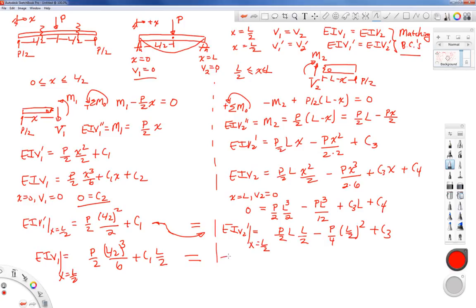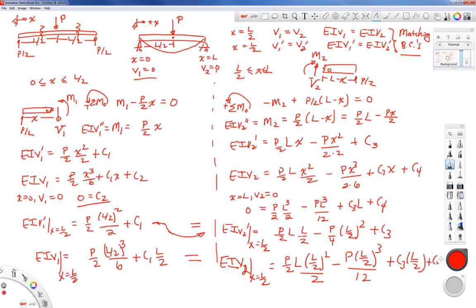That is going to be equal to EIV2 evaluated at x equal to L over 2, which is going to be equal to P over 2 times L over 2 quantity squared divided by 2 minus P times L over 2 cubed over 12 plus C3 times L over 2 plus C4. All right. Let me rewrite these equations on a new page, and then we'll talk about what we're going to do to be able to find C1, C2, C3, and C4.